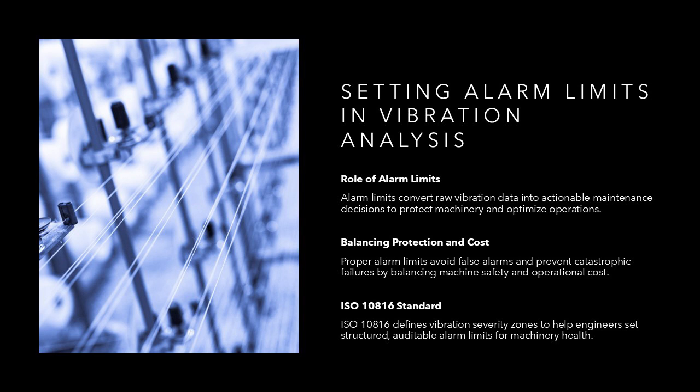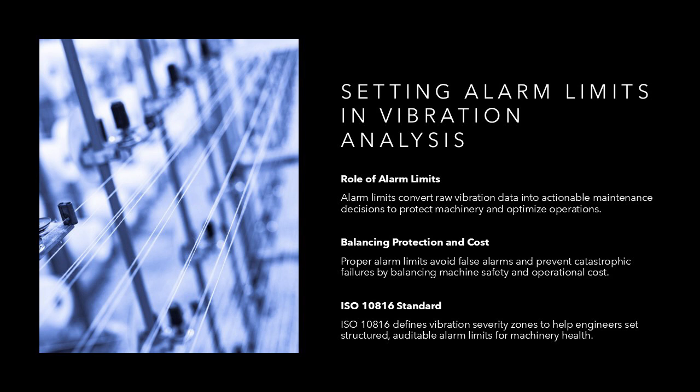From an engineering perspective, alarm limits help balance machine protection, operational availability, and maintenance cost. Setting limits too low may result in frequent false alarms, unnecessary shutdowns, and reduced production efficiency, while limits set too high increase the risk of undetected faults progressing to catastrophic failures.